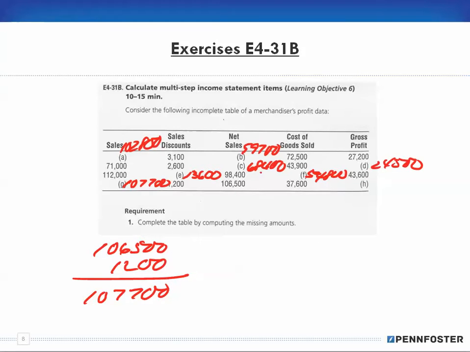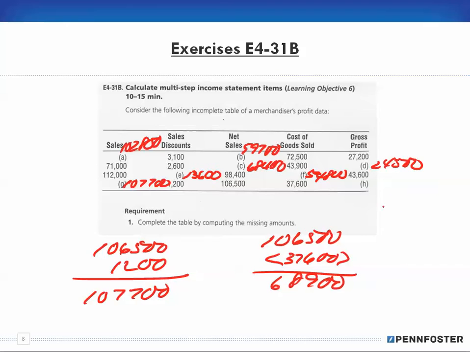And then to get my gross profit, we go forward, which is very similar to the top. Once we knew our net sales, we can work through to get our gross profit. We have 106,500 less our cost of goods sold of 37,600, and that gives us our gross profit of $68,900.